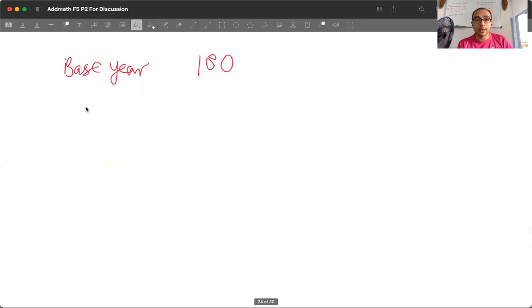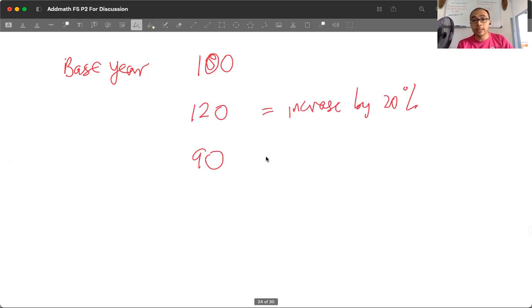Kalau the next year lah, the following year dia naik pergi 120, ini bermaksud dia increase by 20%. If the next year, kalau dibandingkan dengan base year, kalau dia menjadi 90, this means decrease by 10%.